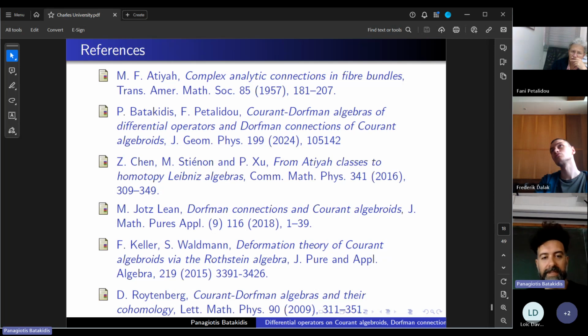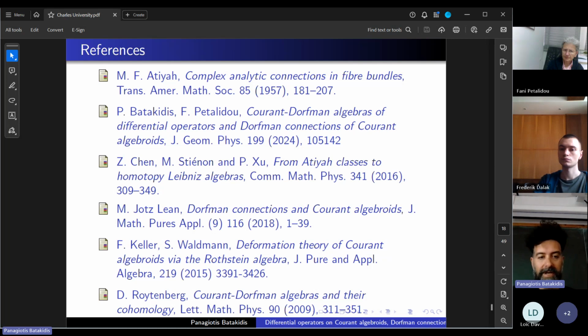The third paper is where the Atiyah class of E pairs first appeared. It's from 2016, but again, I think the first version on arXiv was from 2012.